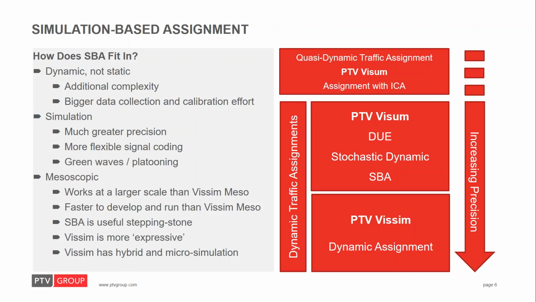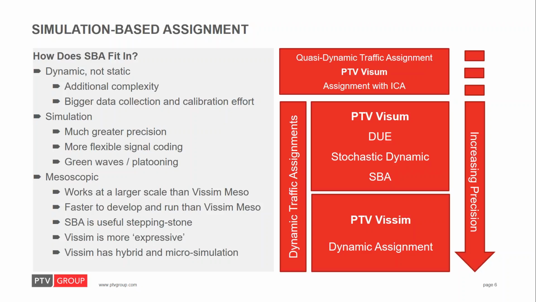This, for example, includes detailed link analysis and also skim matrix calculation. The resulting paths are shown in the list with their corresponding attributes. Because of the similar nature of the simulation, SBA can be regarded as a useful stepping stone towards Visum.